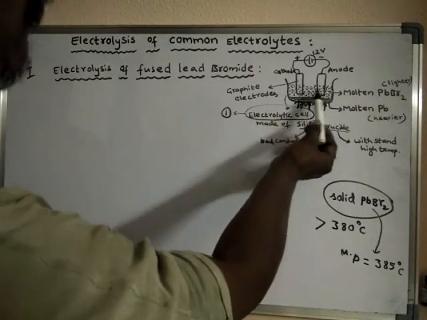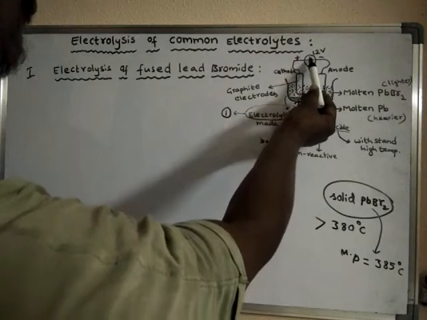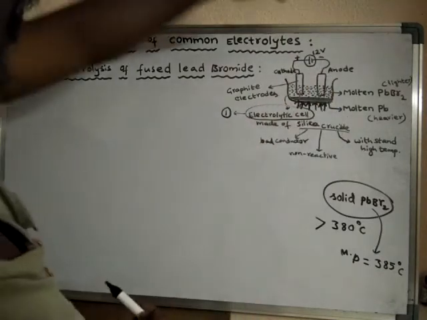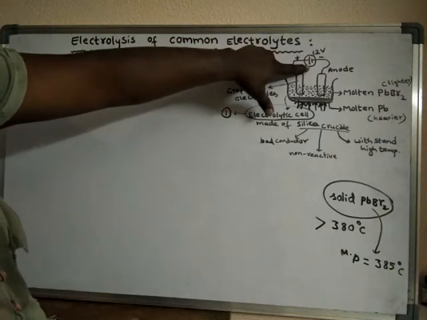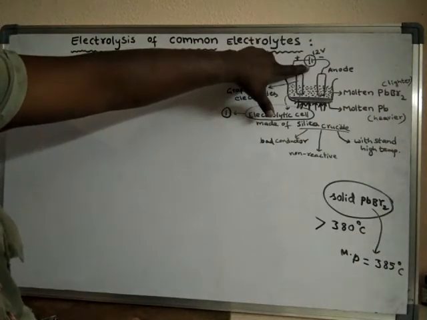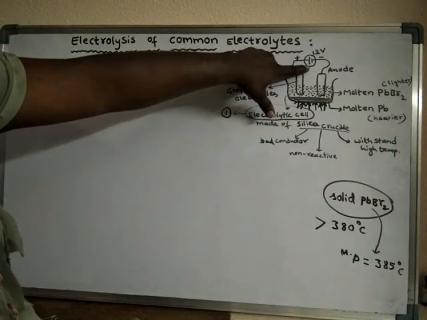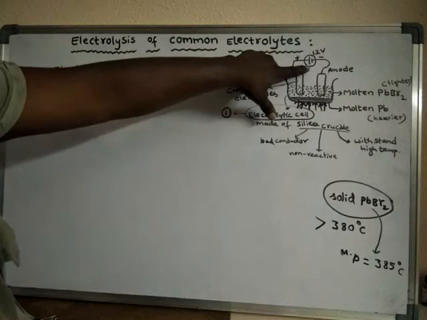These two graphite electrodes are connected by a battery. This is a 12 volt battery, and it carries a 3 ampere current. It's a direct current, not alternating current. When a battery is used, it is said to be direct current.